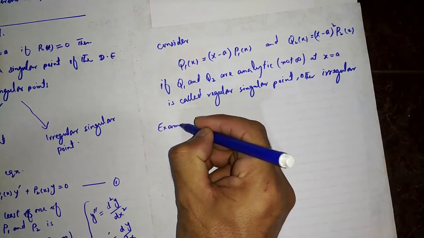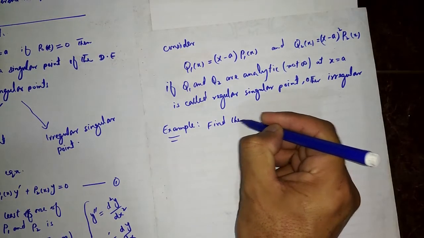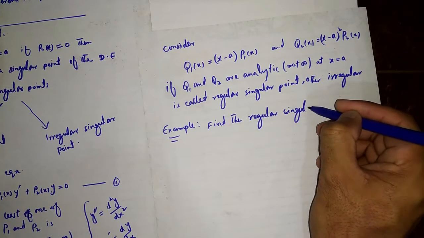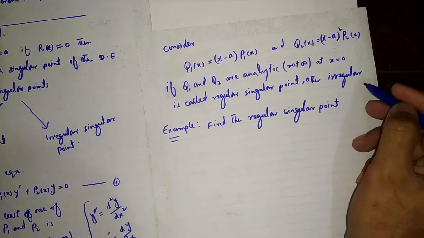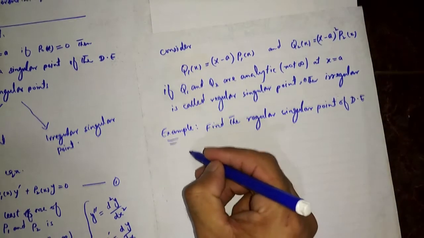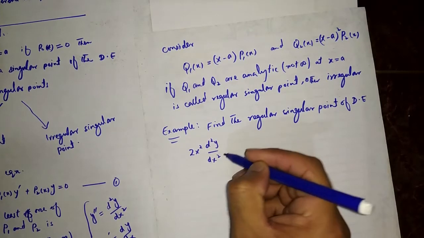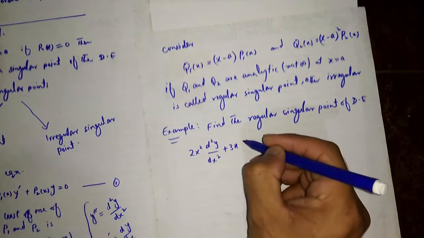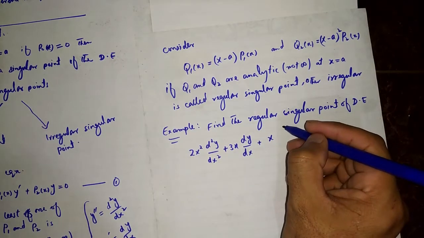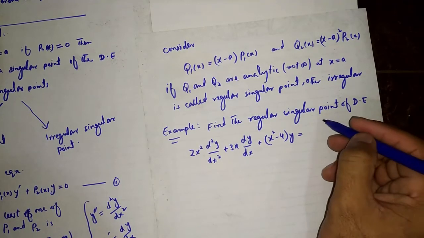Example: find the regular singular point of the differential equation, which is 2x square d square y upon dx square plus 3x dy upon dx plus x square minus 4 times y, this is equal to 0.